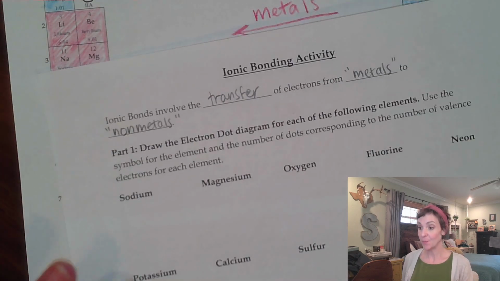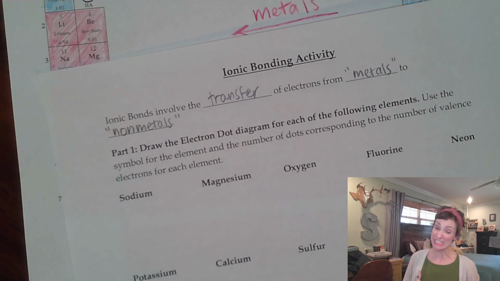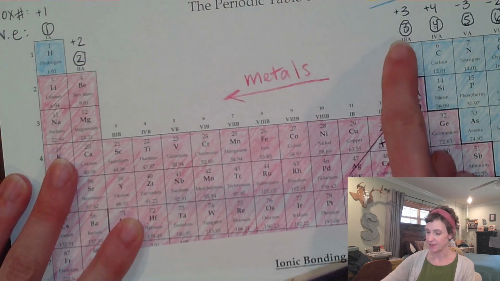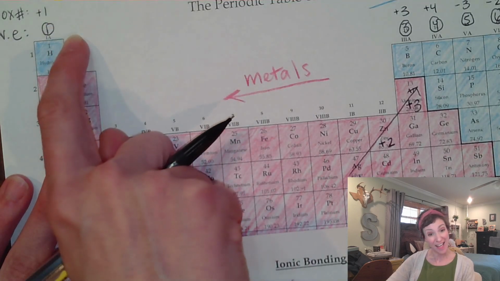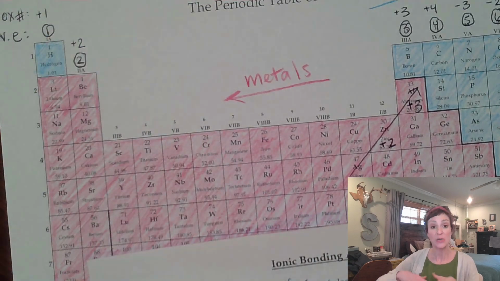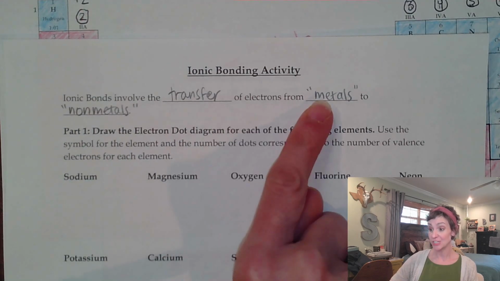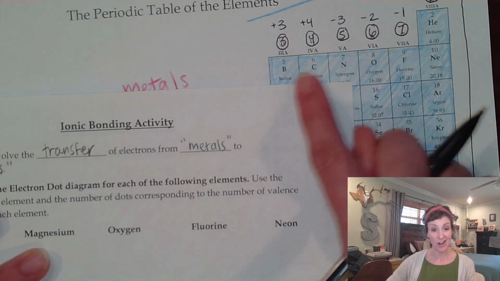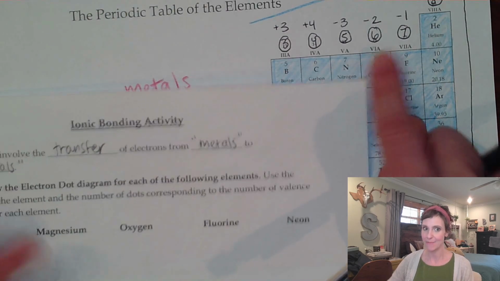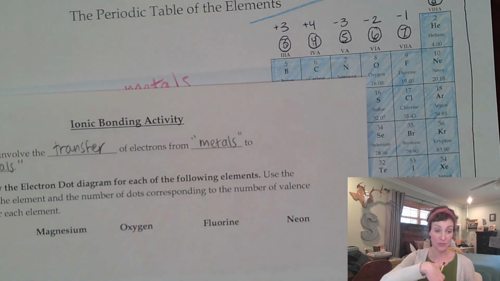The reason why I know that the metals transfer to the nonmetals is, remember, my metals have these positive oxidation numbers, meaning that when they form ions, in order to feel stable according to their octet rule, they're going to lose their electrons. Well, who are they going to lose their electrons to? The nonmetals. And that makes sense because over here our oxidation numbers for nonmetals are negative, which means they gain. So here we have my metals tossing their electrons over to the nonmetals.